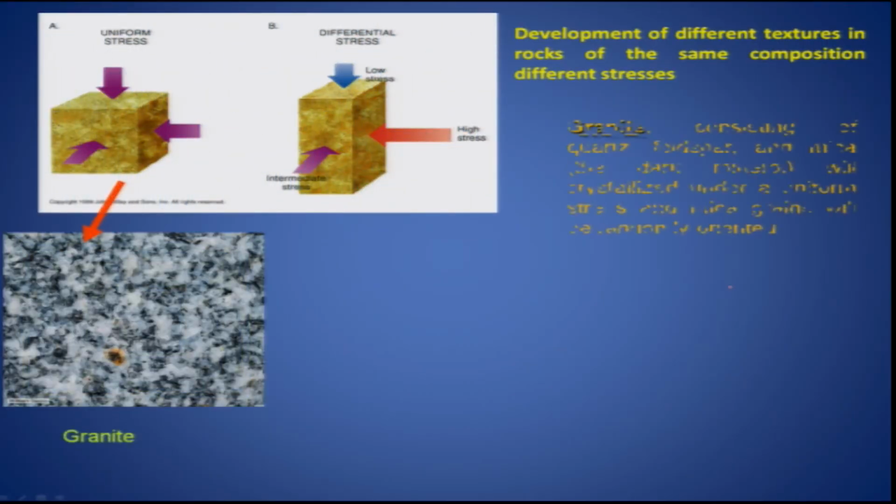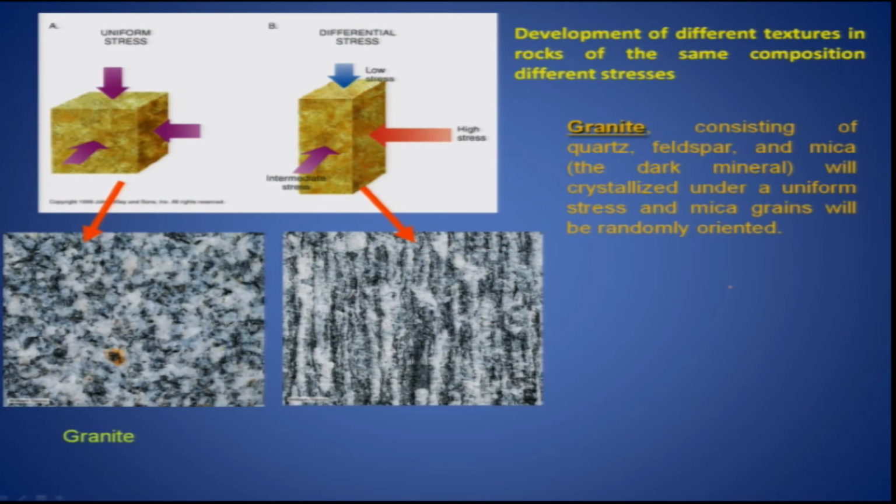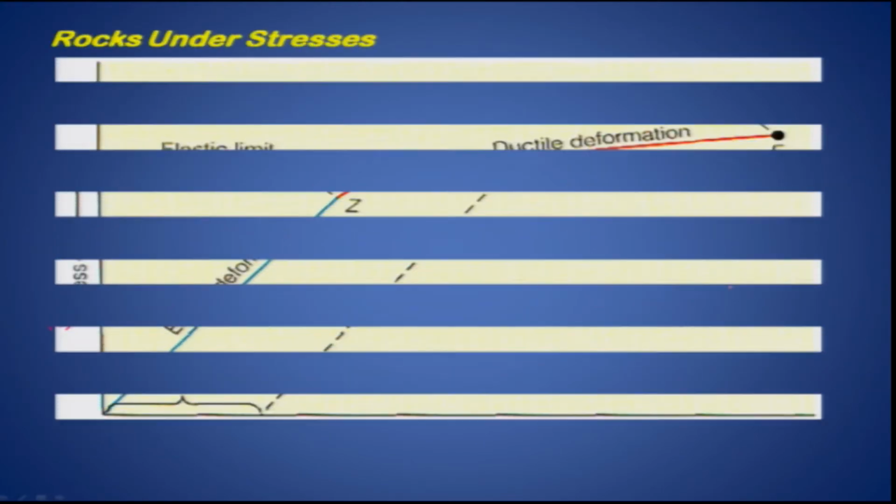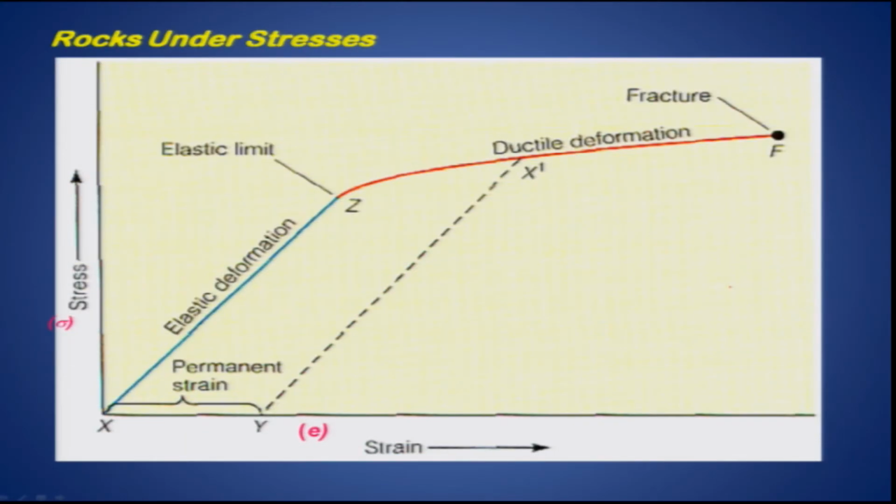Now, development of different textures in rock, we have already discussed, so I will just move ahead. Please refer to your previous slides, when we were talking about igneous rocks getting converted into metamorphic rocks. This we have also discussed to some extent: if you deform the material and keep on increasing the stress, you keep building up strain, so energy gets stored.